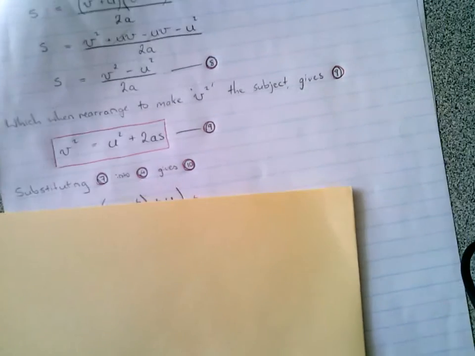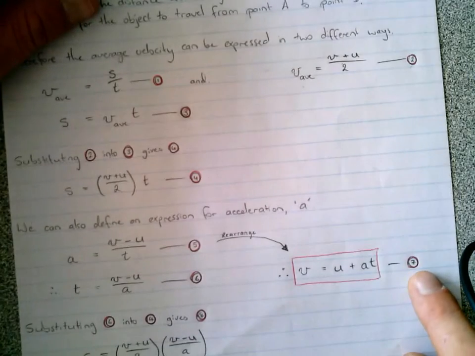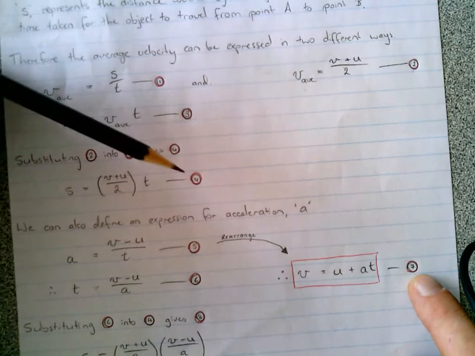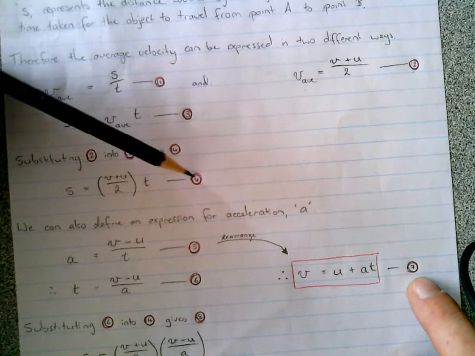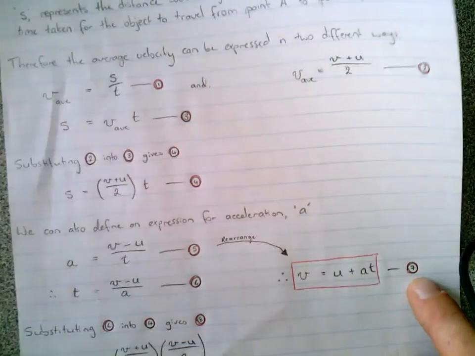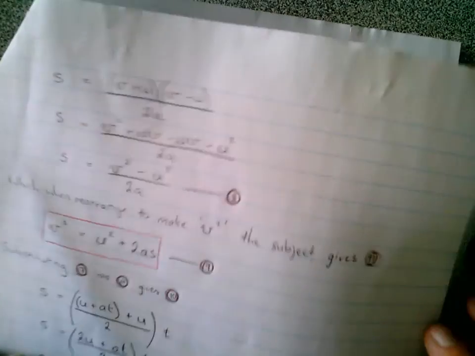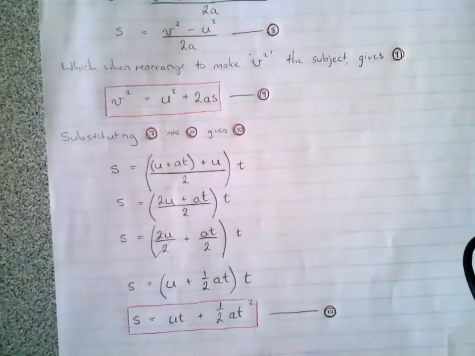So if we go back over the page and sub 7 into 4, here we have 7, and here we have 4. If I substitute this into this, I'm going to get this here.